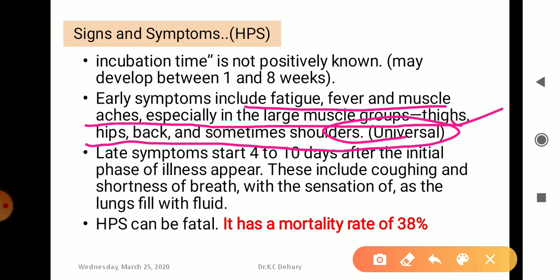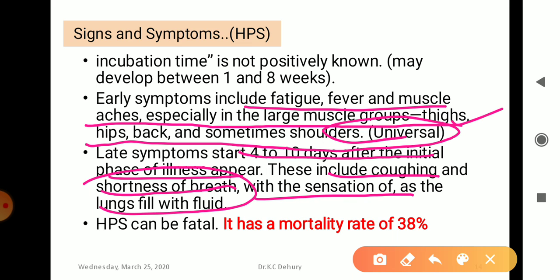When the symptoms proceed, the later symptoms, which start 4 to 10 days after the initial symptoms, include the pathogenic conditions pertaining to your lungs, that is shortness of breath, coughing, and sensations as the lungs fill with fluid, meaning we will feel as if our lungs are filled with a large amount of fluid.